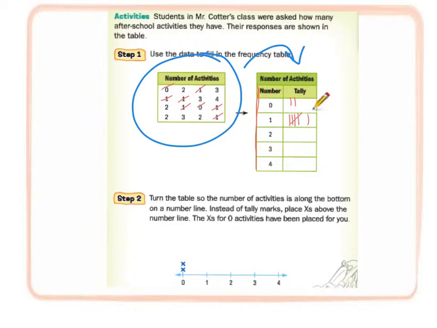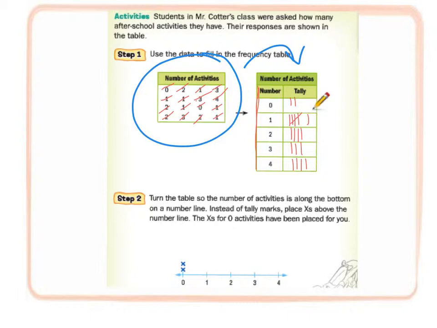How many had 2 after-school activities? 1, 2, 3, 4. So I'm going to fill that in. How many had 3 activities after school? 1, 2, 3. And how many had 4 activities? 1, 2, 3, 4.